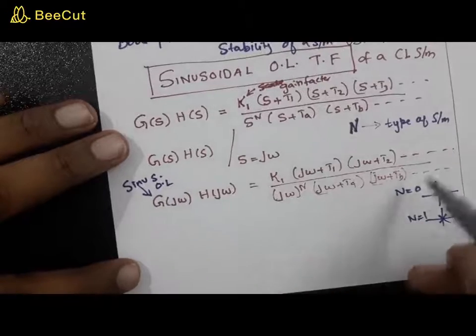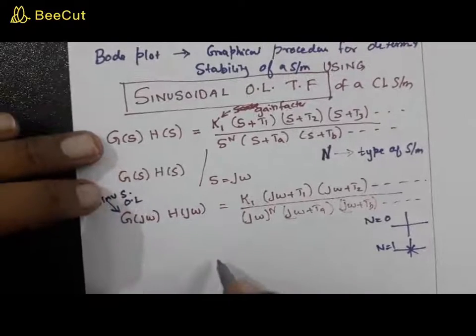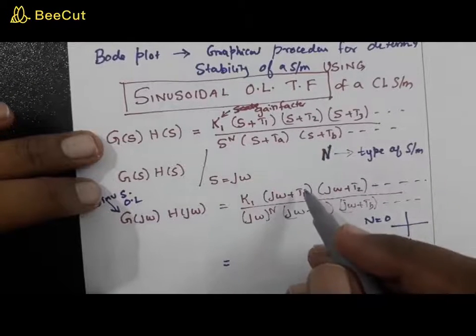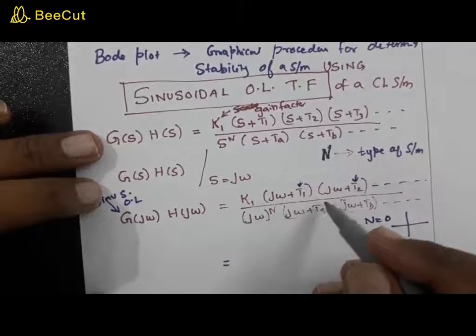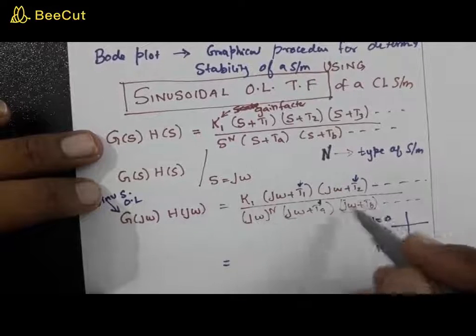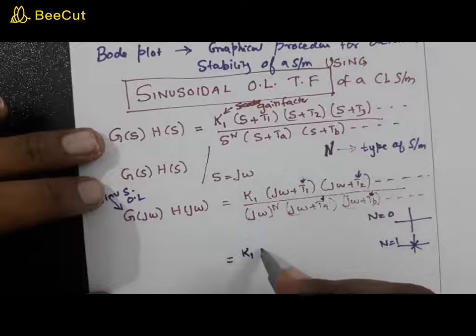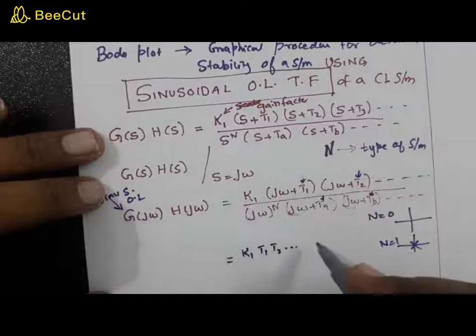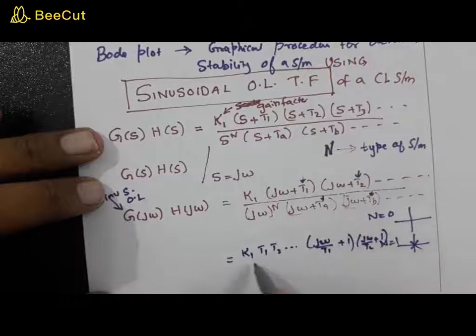Now we need to have a slight change in this form. For that, I want to make the constant of each term equal to 1. These two remain the same. So I can take T1, T2, etc. outside, so that this becomes (j omega by T1 plus 1) into (j omega by T2 plus 1), divided by (j omega) raised to n.